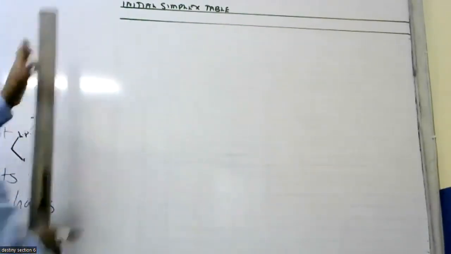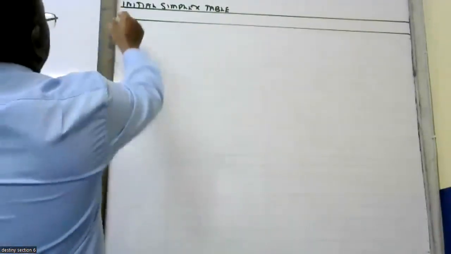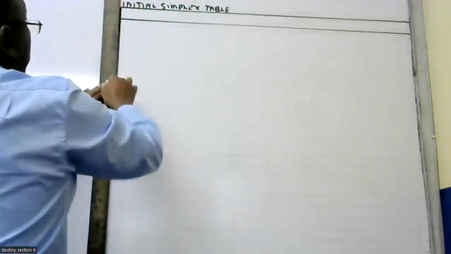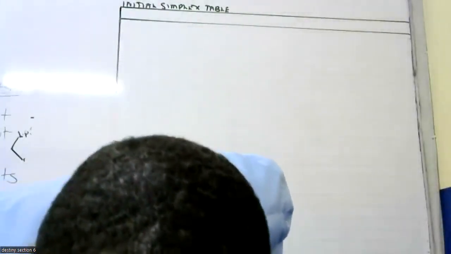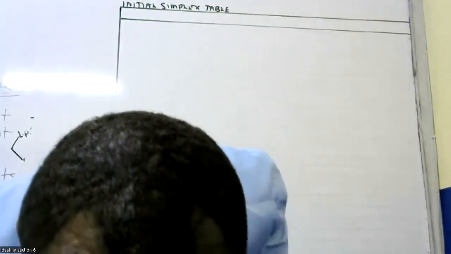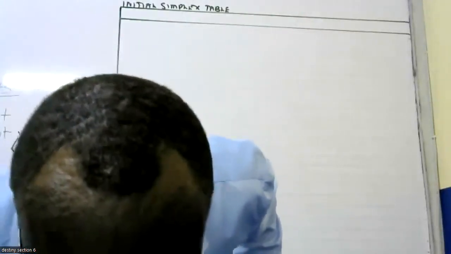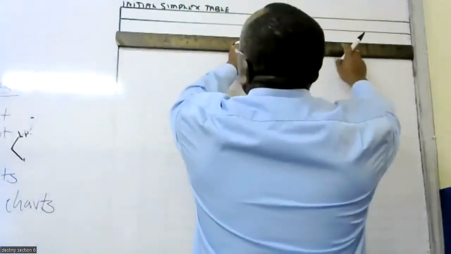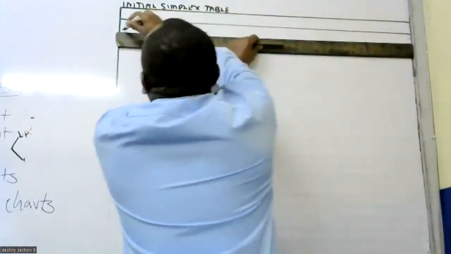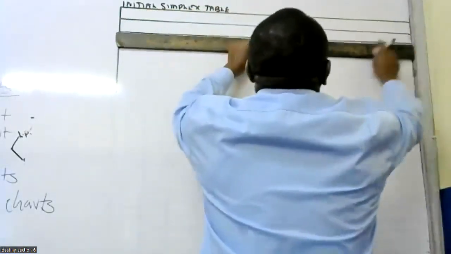So if that is true, how many equations do we have? We have 3 equations, because the last one is non-negativity. So we are going to have 3 S's. And I told you each S will have its own prime.